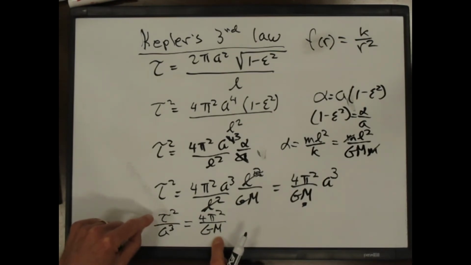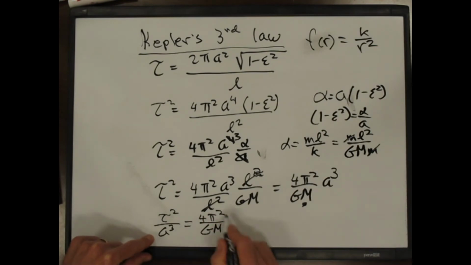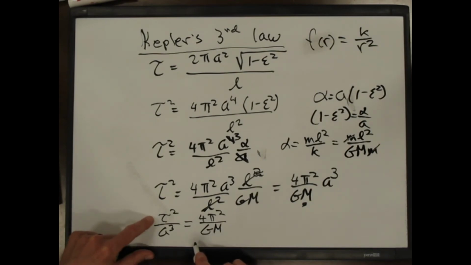So if you take the period squared over the semi-major axis cubed for the Earth, or for Uranus, or for Halley's Comet, you get the same number for all of these things. And so if you know the period of the Earth and the semi-major axis of the Earth, or you know the period of anything, you can calculate the semi-major axis of that thing based on knowing this.